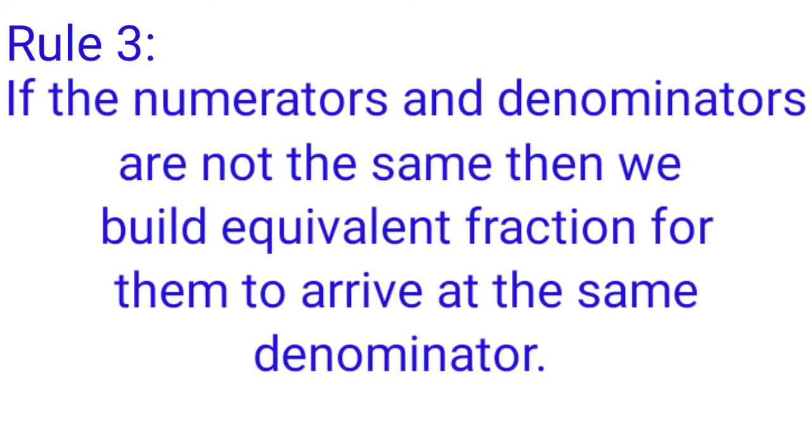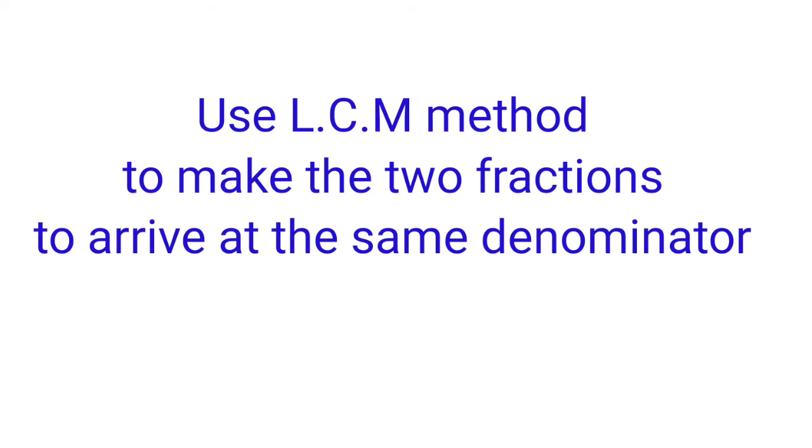Rule 3. If the numerators and the denominators are not the same, then we'll build equivalent fractions for them to arrive at the same denominator. Or we use the LCM method to make the two fractions arrive at the same denominator. Then when they now arrive at the same denominator, we use rule 2 to determine which fraction is greater or less than.